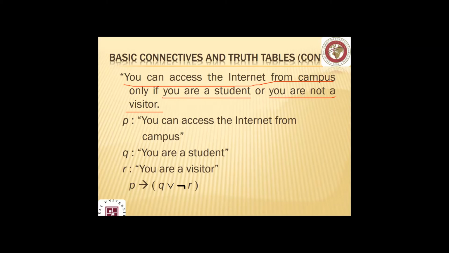If you want to compose the whole compound statement, P implies Q or not R. Q, you are a student. R, you are a visitor. And the negation of it, not R, you are not a visitor. All right, so this is the composition, and it's quite clear.